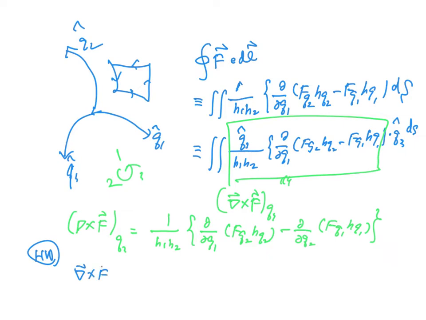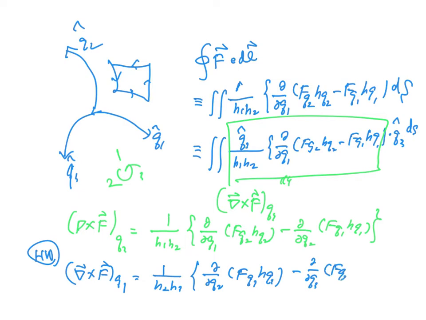Then you can derive the same relationship. Q1 direction. 1, 2, 3, right? So it must be H2, H3, partial Q2, partial FQ3, HQ3, and minus partial Q3, partial FQ2, HQ2.